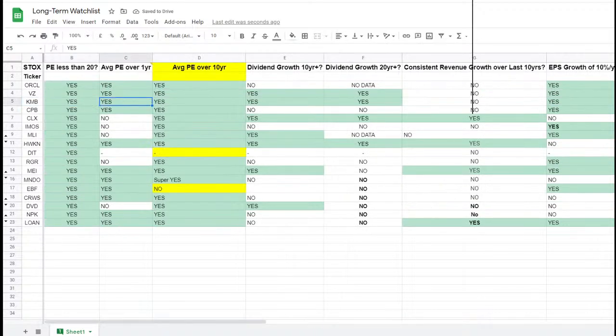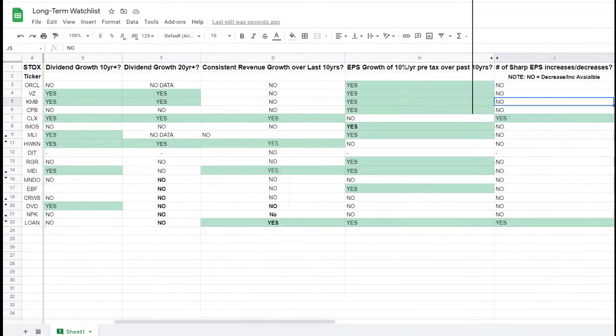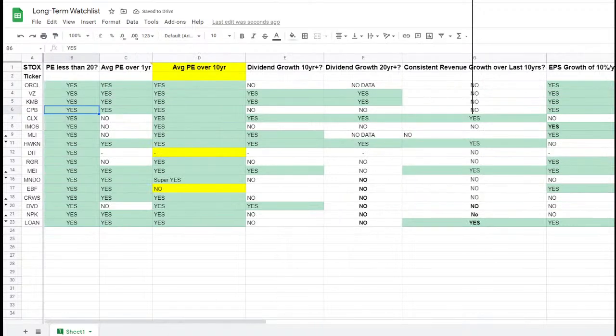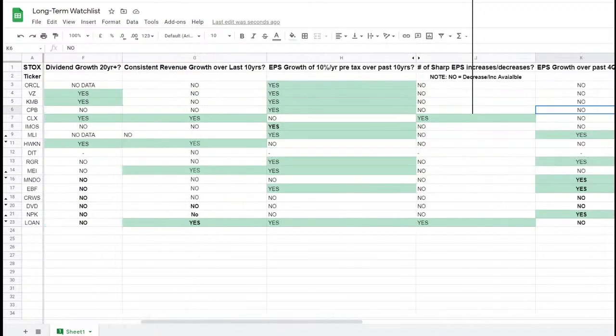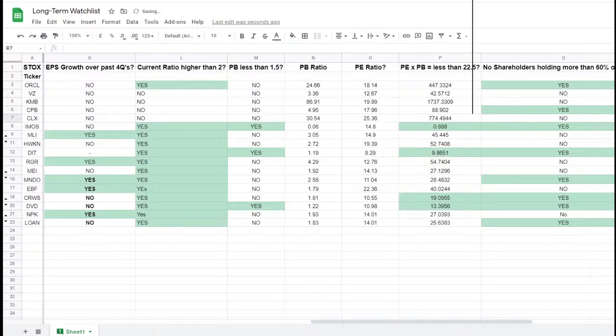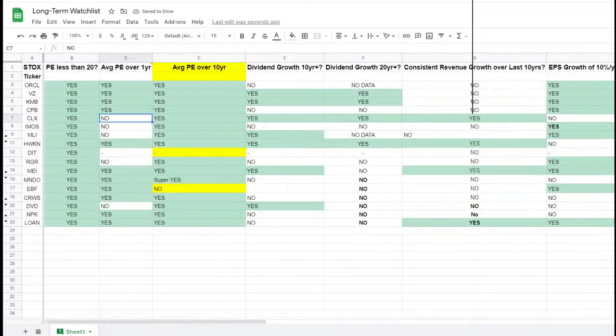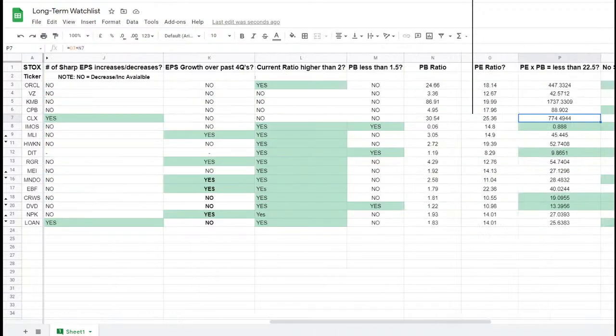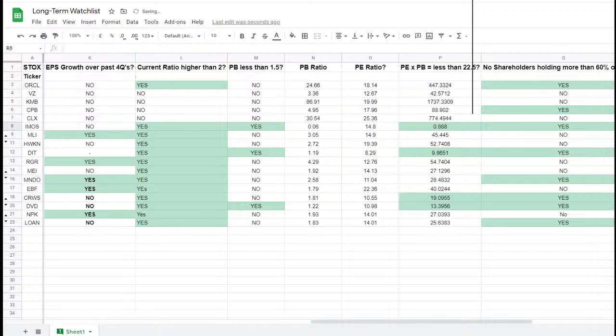Kimberly-Clark, 1, 2, 3, 4, 5, 6. Another 6. Next up is Campbell Soup, 1, 2, 3, 4, 5. A little less. Clorox, 1, 2, 3, 4, 5, 6.